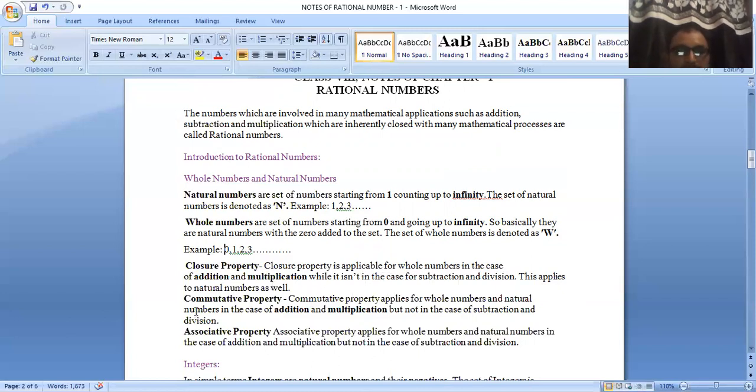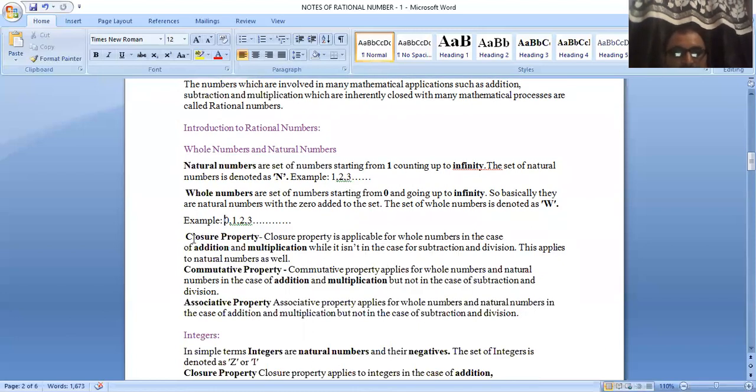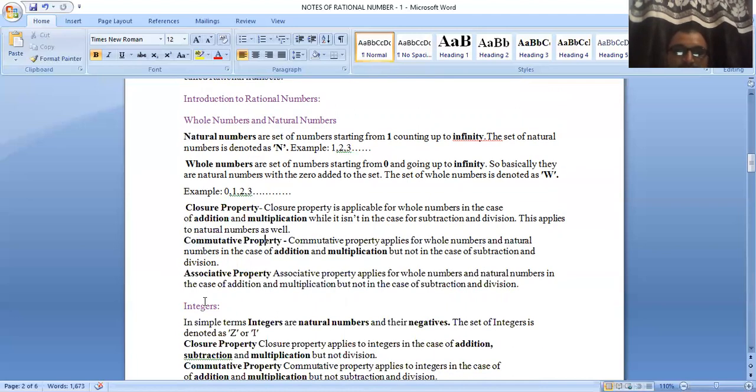Now commutative property. Commutative property applies for whole numbers and natural numbers in case of addition and multiplication, but not in the case of subtraction and division. Now associative property.